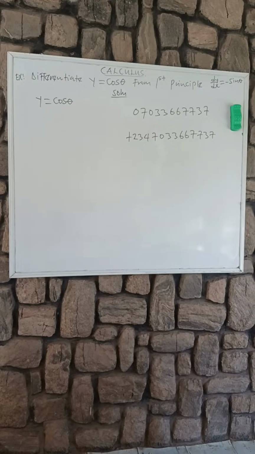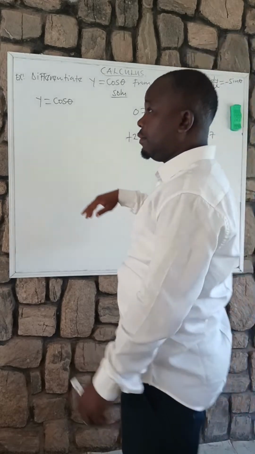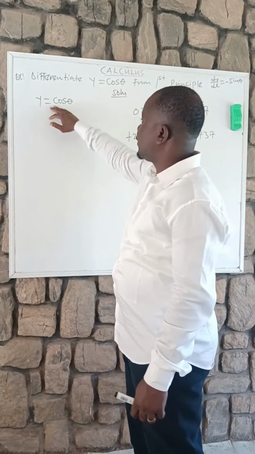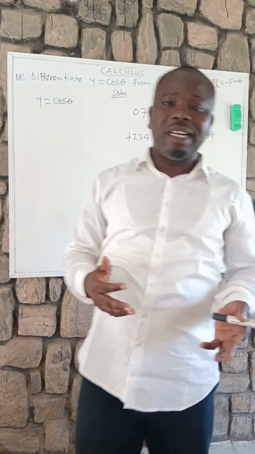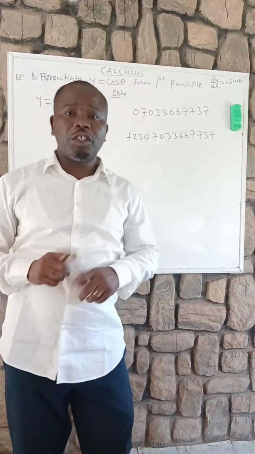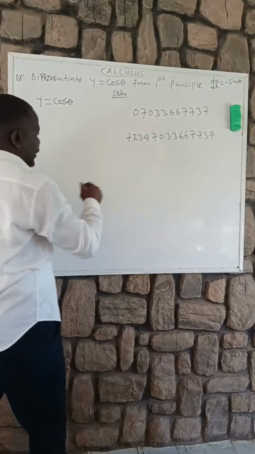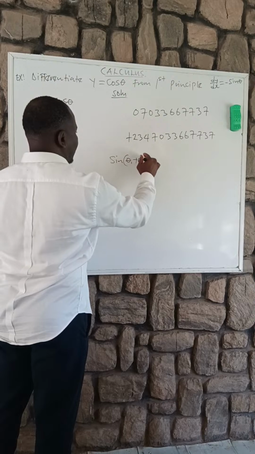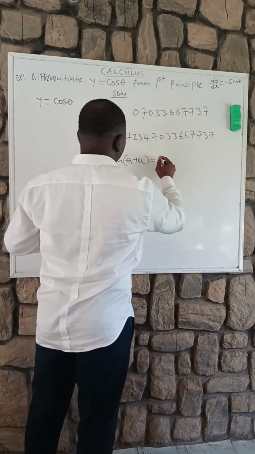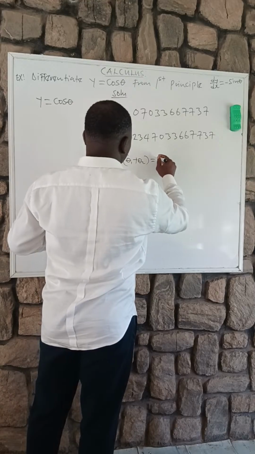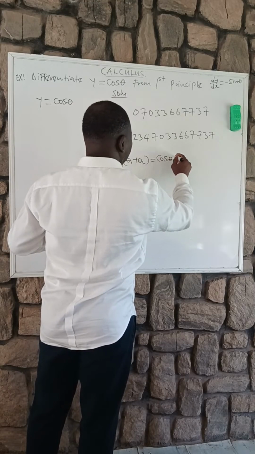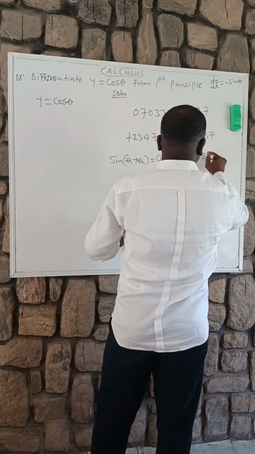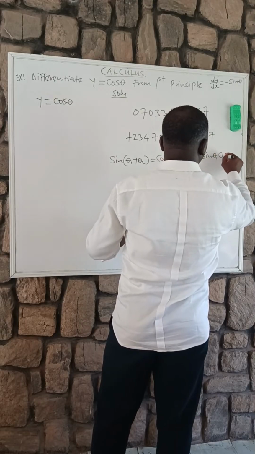It's okay. So I want us to take note of this before we can solve this from first principle. Let's go back to our trig identity. As a mathematician, you're supposed to know your trig identity. You know that sin(theta 1 plus theta 2) is equal to what? It is equal to cos theta 1 sin theta 2 plus sin theta 1 cos theta 2.